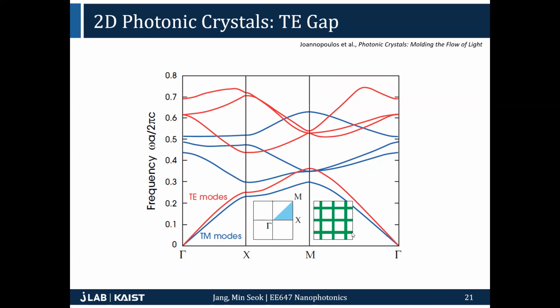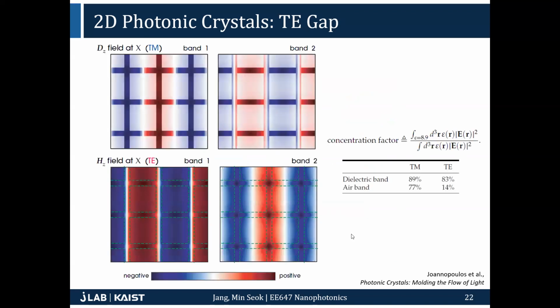So let's look at the field profile again, the same thing as we saw before. In this case, if you compare these two, in band 1, obviously, most of the electric field is concentrated at the center bar here, right?